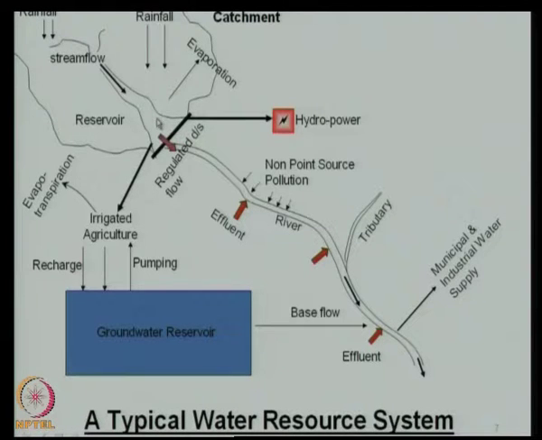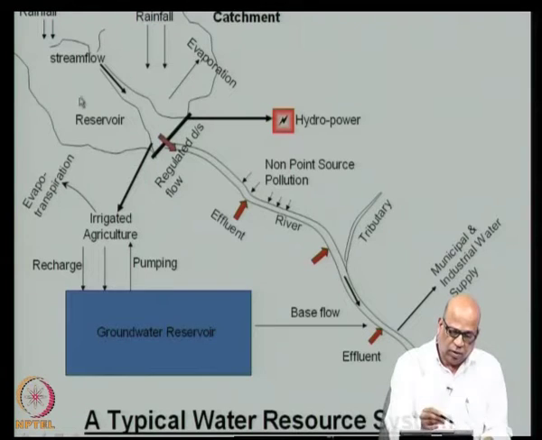The flow to the reservoir, at least in the Indian context, is mostly because of the rainfall, and the reservoir has a catchment area. By catchment area, we mean any rain that falls in this area contributes to the flow to the reservoir.